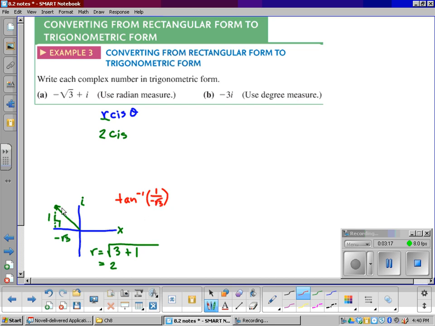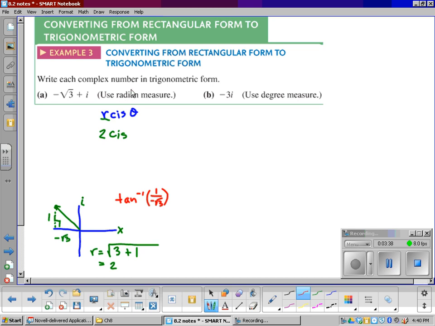The picture reminds us that we're in quadrant 2. We're going to use our hand trick if 1 over the square root of 3 is special, which it is. Remember, tangent's on the back of your hand. So have a square root of 1 finger on the top, square root of 3 fingers on the bottom. Flip your hand back over and you see that you're at 30 degrees for the reference angle.